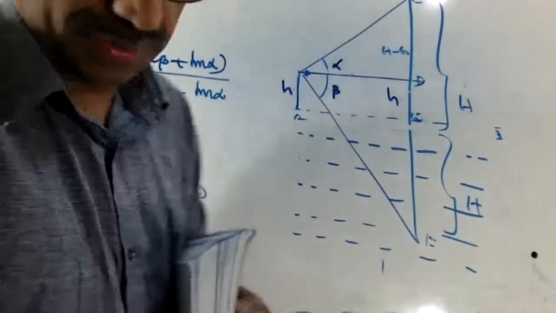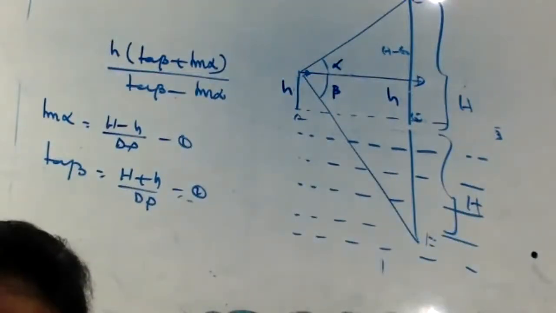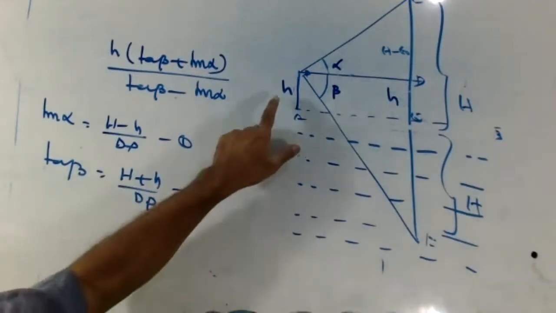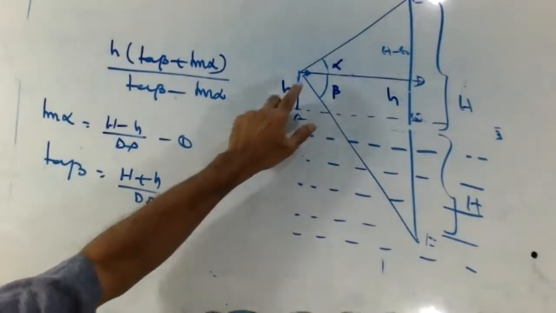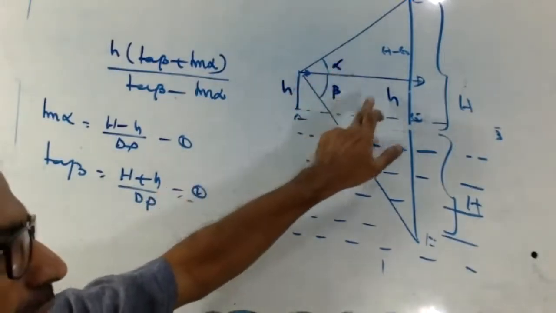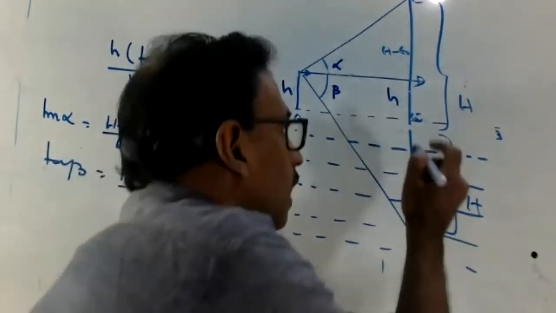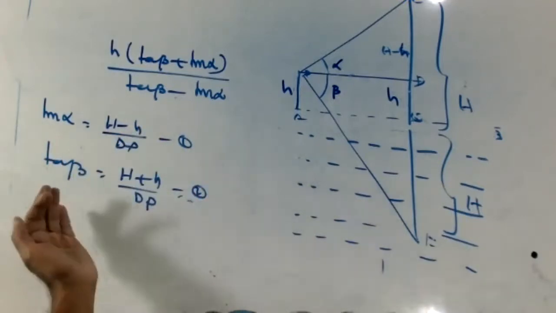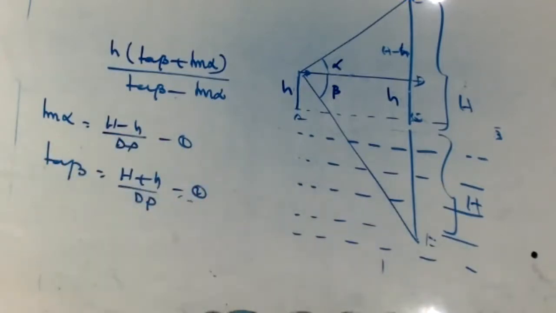Is it okay? Roshan, listen here. Tan alpha is H minus h, not 60, because here this is small h, this is angle alpha, this is beta, small h, and this is small h. So tan alpha is H minus h by DP, tan beta is H plus h by DP.